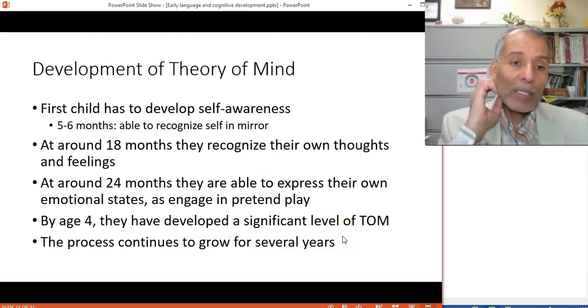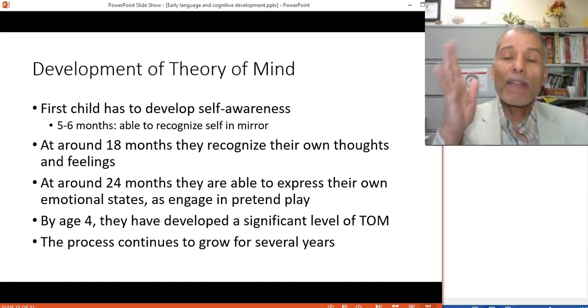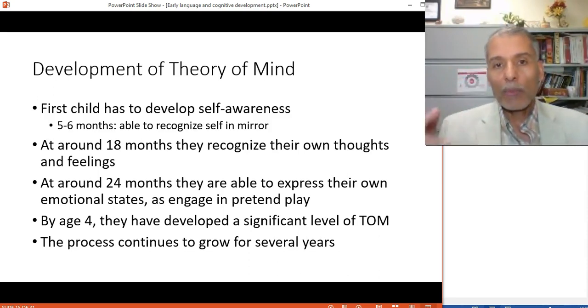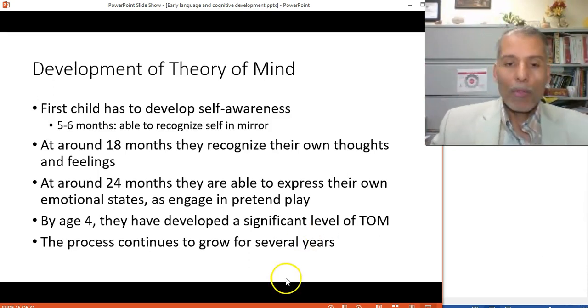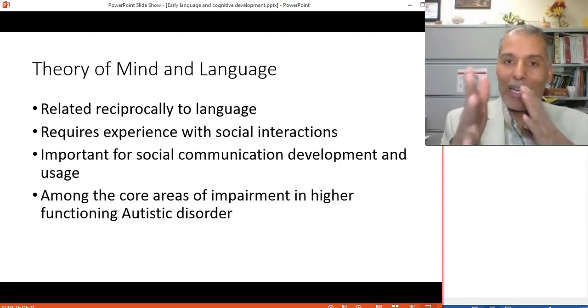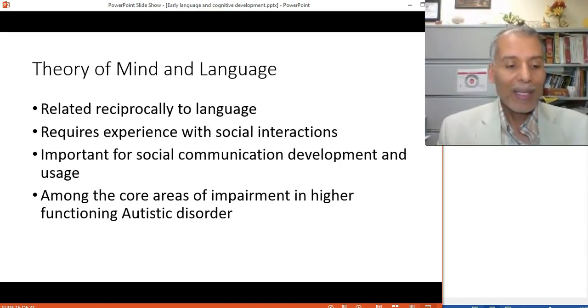By age 4 years, they have reached a significant milestone. Their theory of mind is almost like that of adults. And that process continues to grow for several years, until maybe 9 or so. Theory of mind facilitates reciprocity of language. And language has to do with give and take, back and forth, exchange, mutual respect and politeness and all of this.